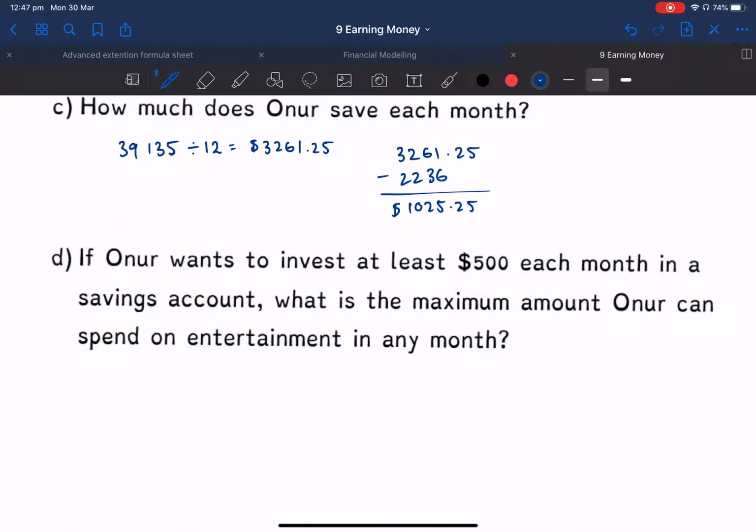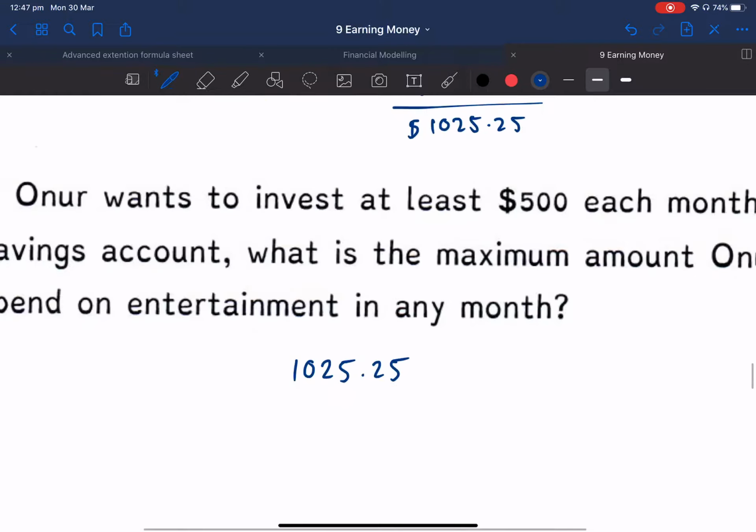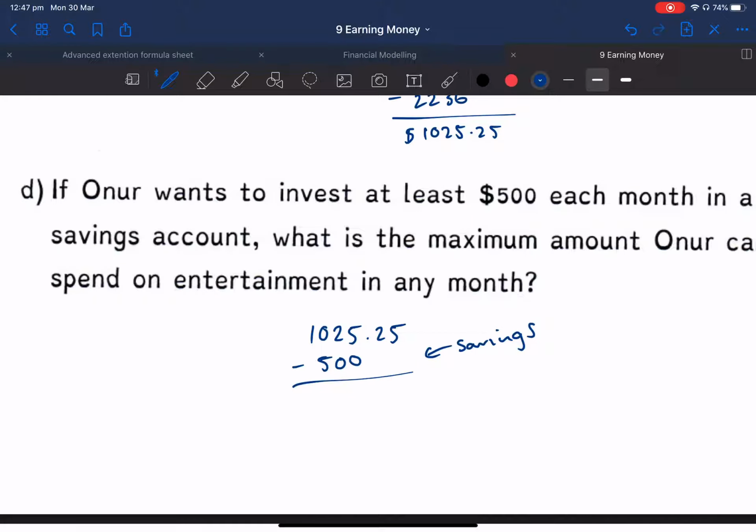So really what we're saying is, if he's saving 1,025.25 every month, if at least 500 of that needs to go into a savings account, that's what that 500 is, then how much is left over to spend on entertainment or whatever else he might spend it on?